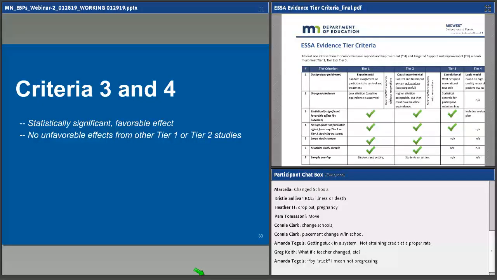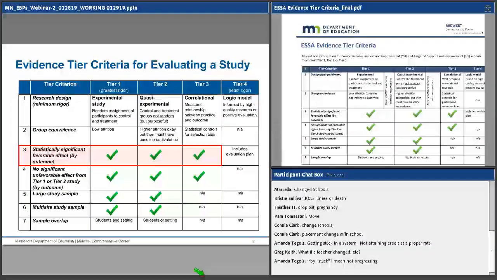So let's talk about criteria 3 and number 4. I'm not going to spend a ton of time here because we went into this in depth in the last webinar. But as we see here, the criteria are the same for tiers 1, 2, and 3, right? The criteria are that you have at least one study with a statistically significant favorable effect, right? Usually that just means a positive effect on the outcome.